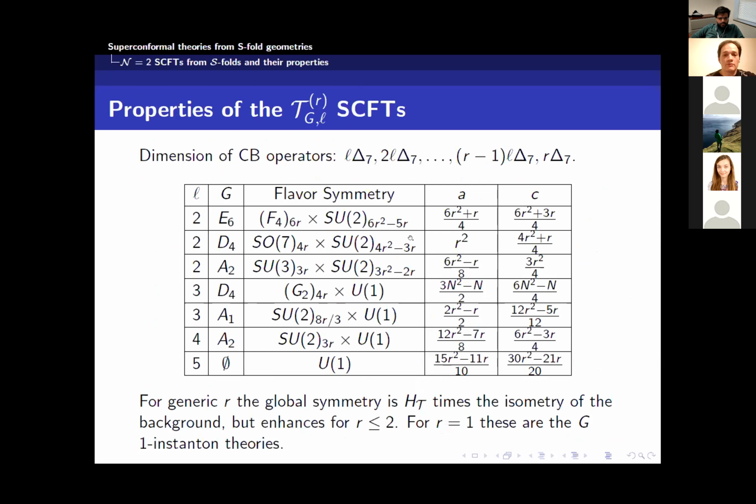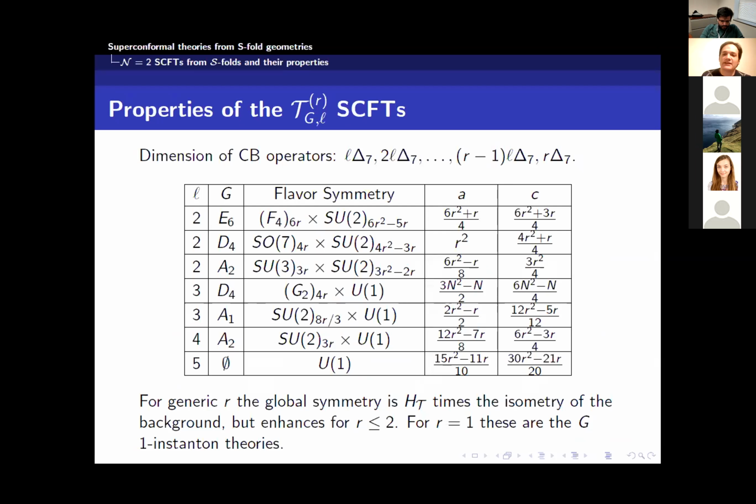The dimension of the Coulomb branch is equal to the number of D3 probes, and the scaling dimensions of the Coulomb branch operators are listed here. The global symmetry in general is H_T, the group I showed before, times the isometry of the background, the isometry of C2 mod Z_L. So SU(2) for L equal 2, and U(1) otherwise.